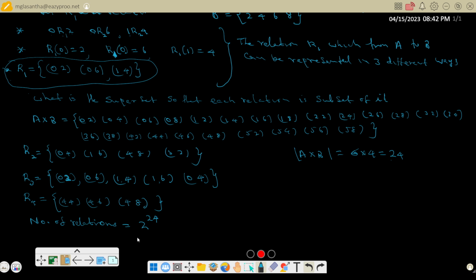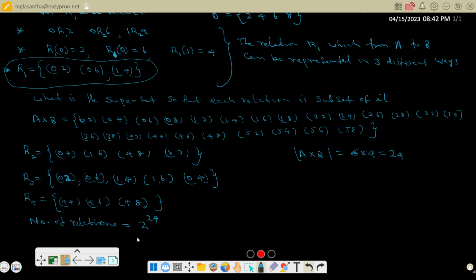Big number. That means all possible subsets of A cross B. If you take any subset of A cross B, that's a relation. Right? That's a relation. So the number of subsets is 2 to the power of 24.